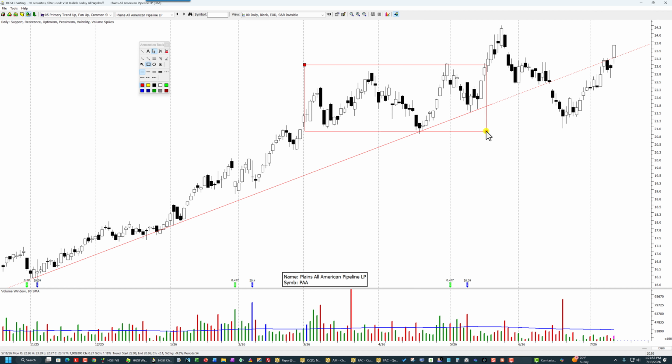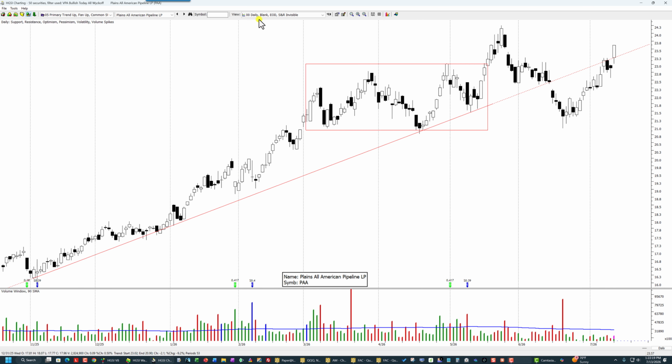And I can see where this broke past resistance here and went up to the new high. But what's nice about this, and I'm just going to close that, is this trend line and this box for showing the congestion area.